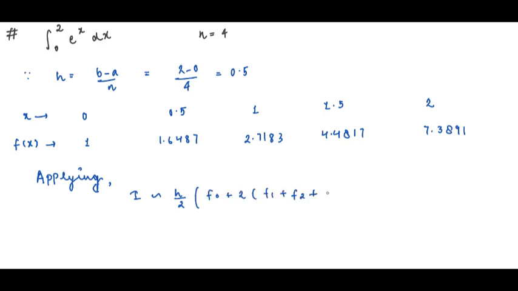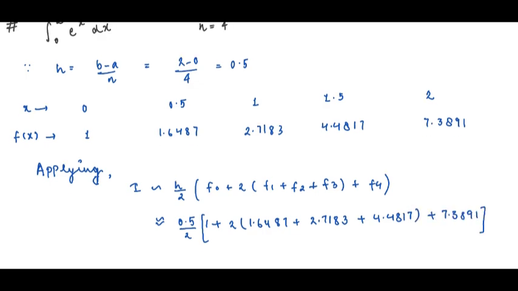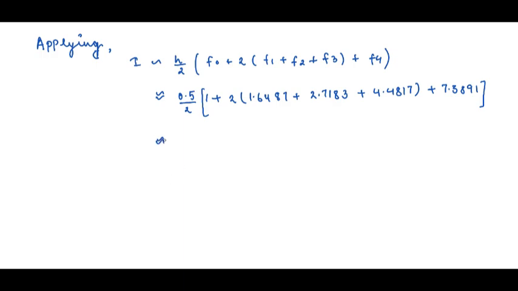Substituting the values, this becomes 0.5/2 times [1 plus twice of (1.6487 plus 2.7183 plus 4.4817) plus 7.3891]. So this becomes 0.25 times 26.0865, and hence approximately 6.5216. So our numerical approximation is approximately 6.5216.